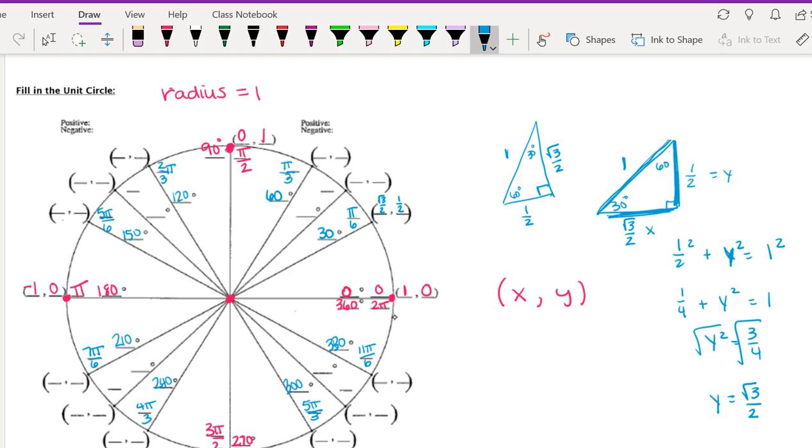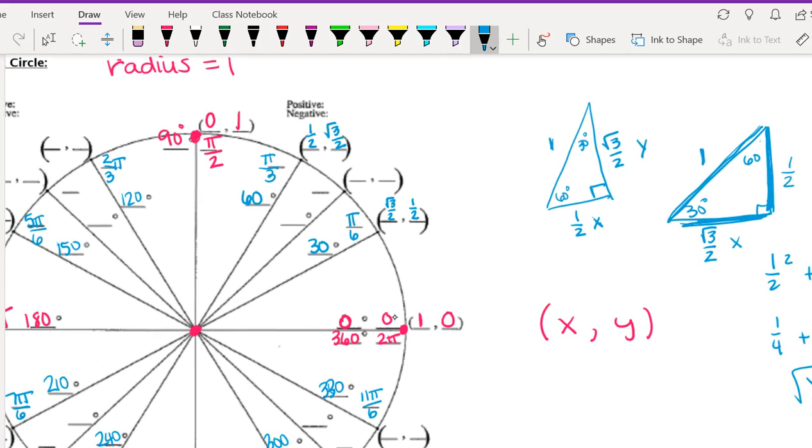I just reverse it. So now this is my x and this is my y. So I'm going to put a positive 1/2 and a square root 3 over 2. So notice how these two ordered pairs just switched places.